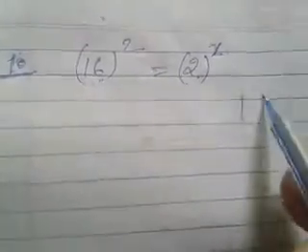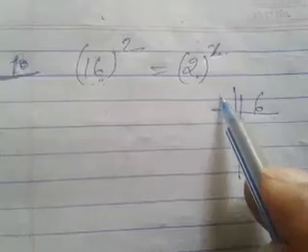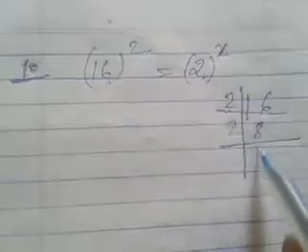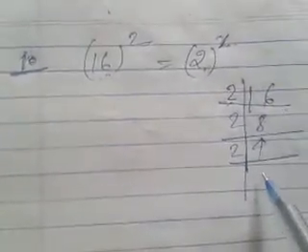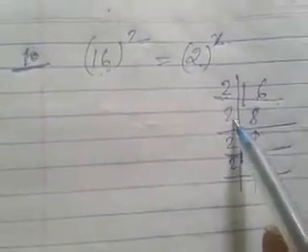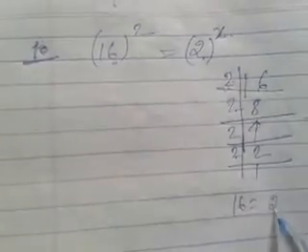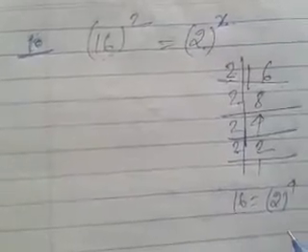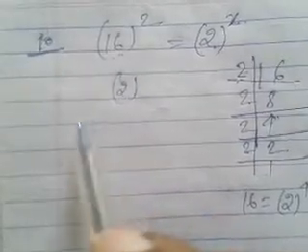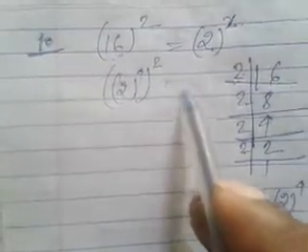We factorize: 2 eights are 16, 2 fours are 8, 2 twos are 4, 2 ones are 2. So 1, 2, 3, 4. So we can write 16 as 2 raised to the power 4, and its power of 2 also.